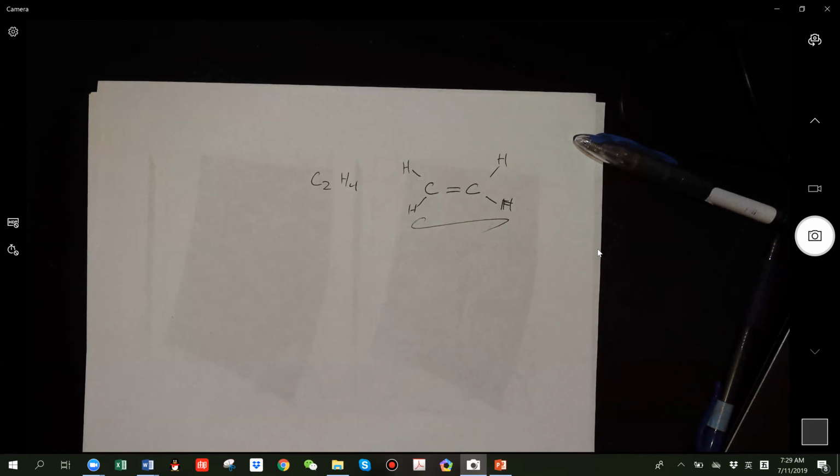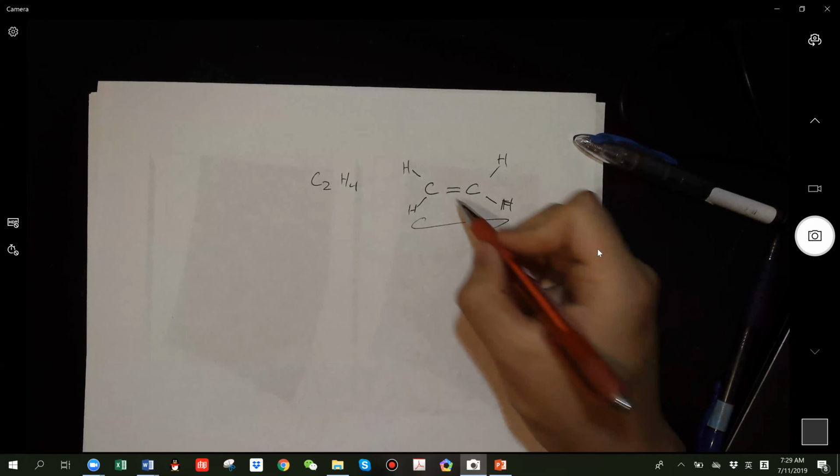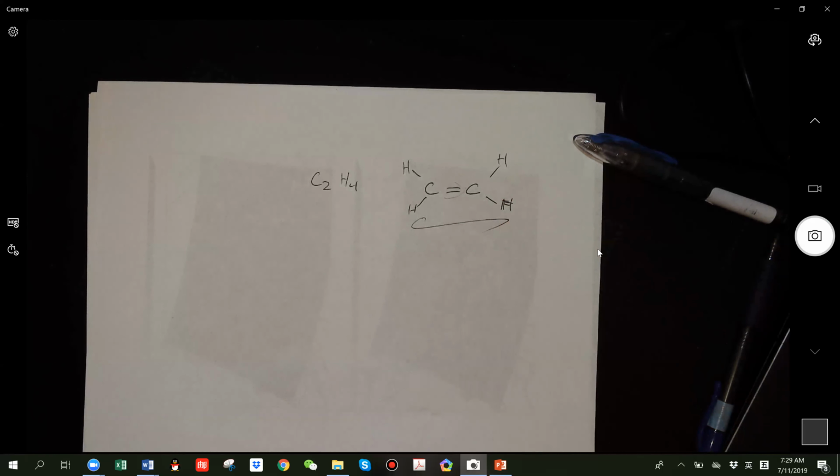So what's the steric number? Can someone tell me the steric number? 3, right? Because this double bond we consider to be a single bond. So then the structure that corresponds to a steric number of 3 is trigonal planar, right?